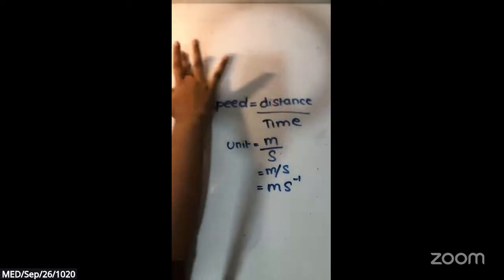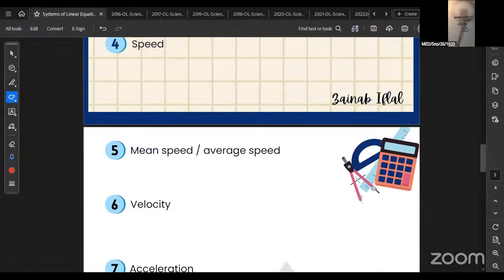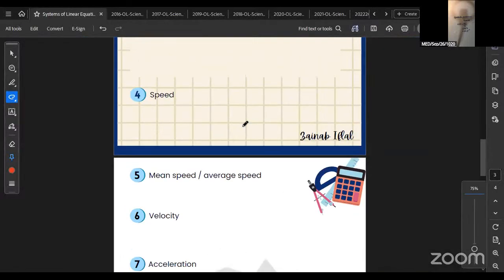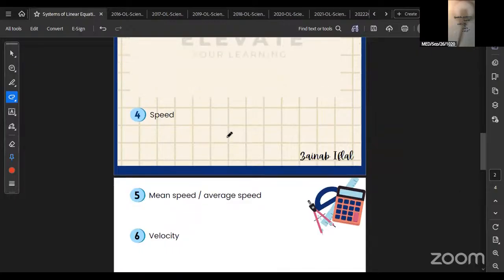So yeah, can you include this in the tute, please? Let's go to the tute and include it there. Speed. Okay, let's just write the equation and the unit. There's a definition in the book as well, I think.